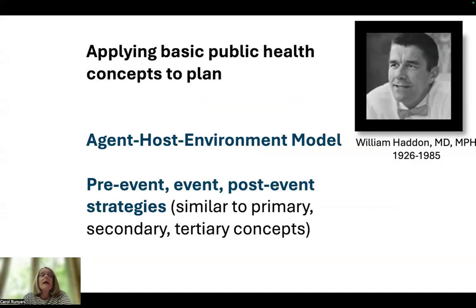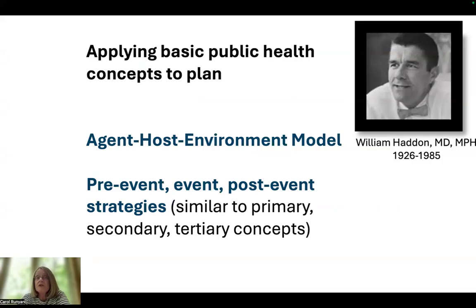So moving on to the Haddon matrix. William Haddon was a leader in injury control in the 1950s through early 80s. And he applied basic public health concepts to his matrix as a way to facilitate understanding injury events and planning interventions.